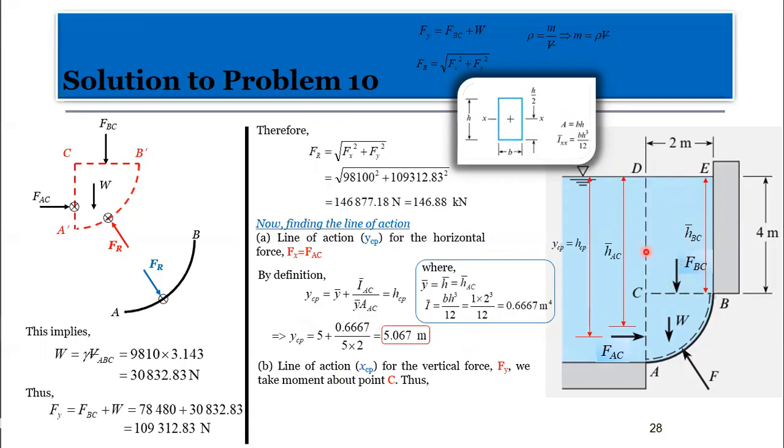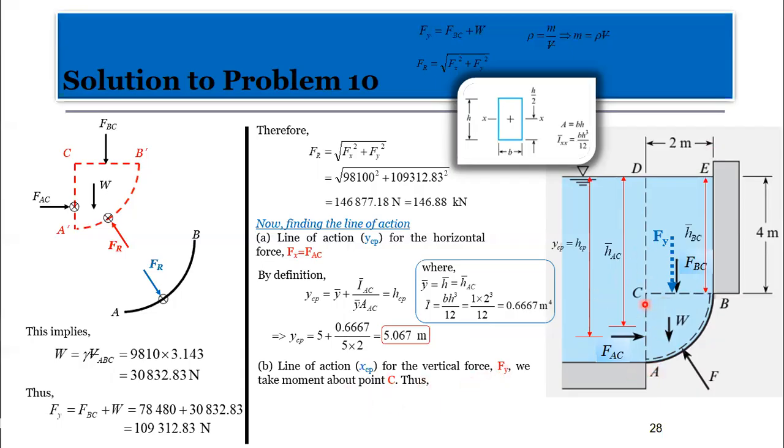It's just like measuring from here to here. Assuming my Fy is now the resultant, Fy is acting on that part. So I need to know the line of action XCP for the vertical force Fy, we take moment about this point C.